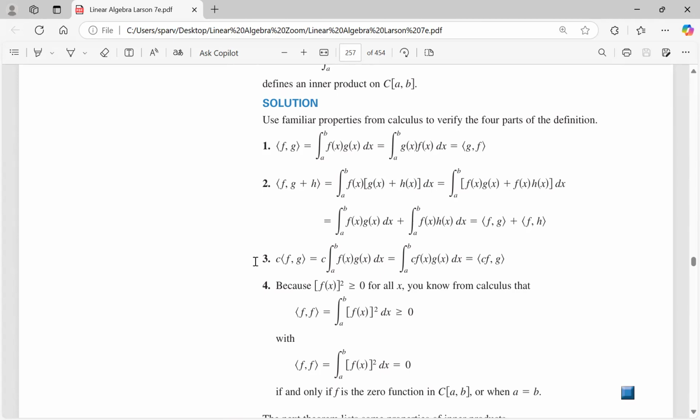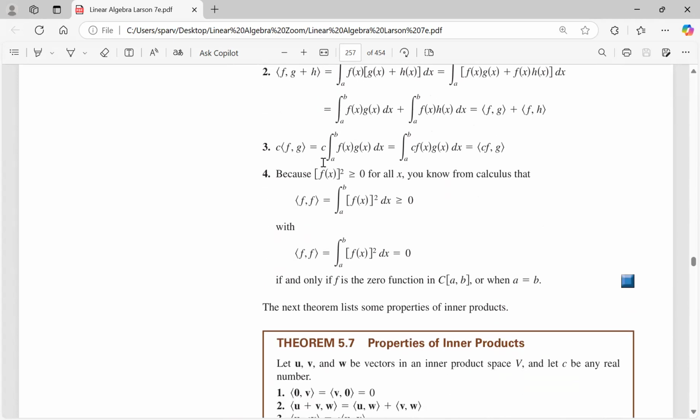There you go. The third one was homogeneity, right? The constant multiple, c times the dot product. So how's this going to work? Well, we're going to go c times f times g. So first, c times the integral. That's c on the outside, the way it looks in number 3. f dot g is the integral.